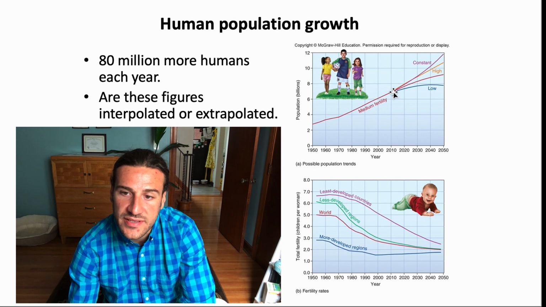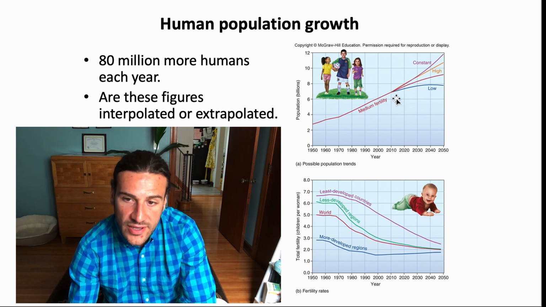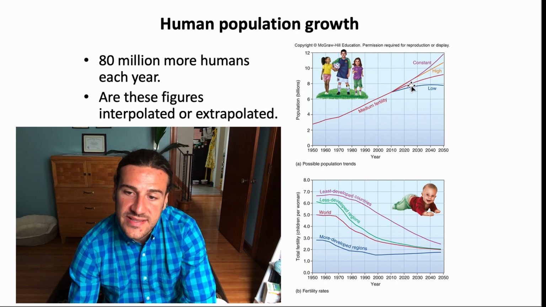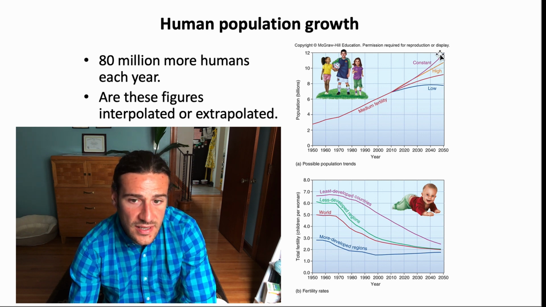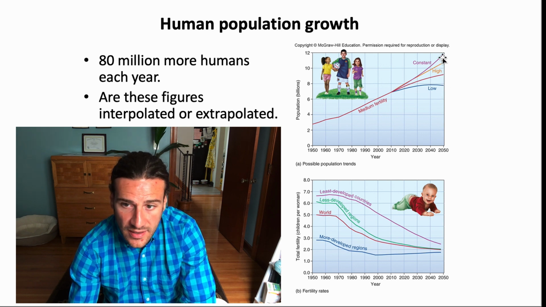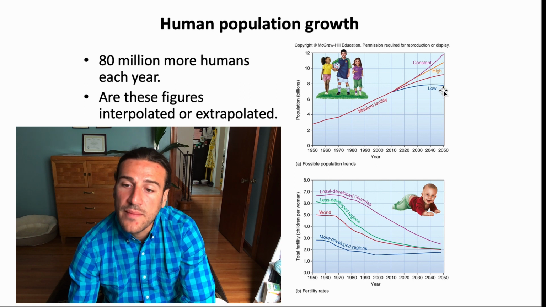So even though it looks like these data are within this data set, these are just possible outcomes. The real data, if you remember, this figure was created in 2011, 2012. This data stops right there. So this is extrapolated data, right? And this proves my point.